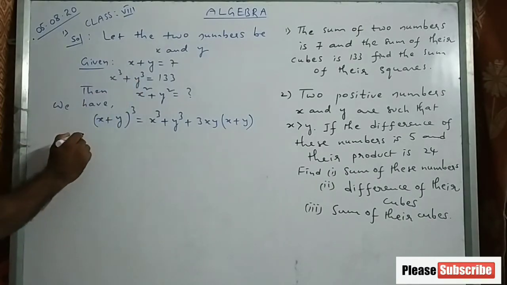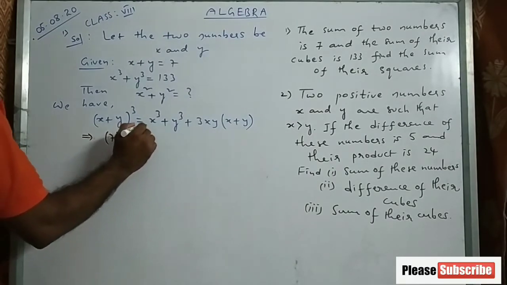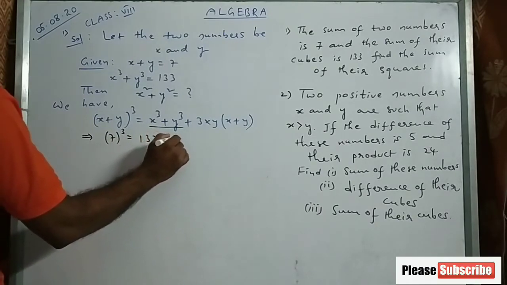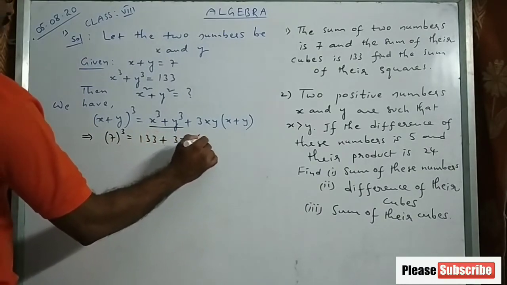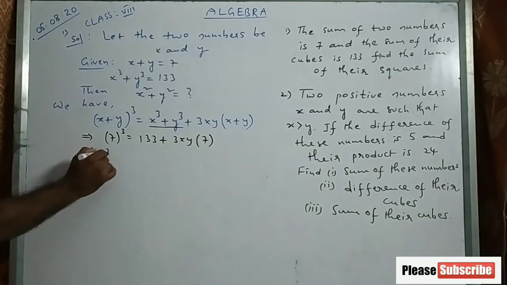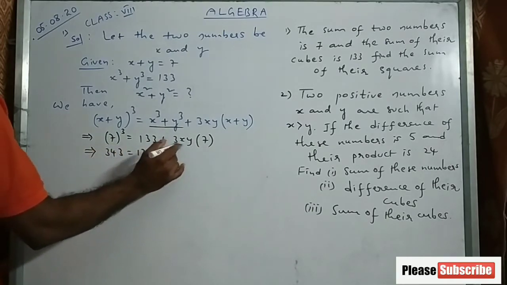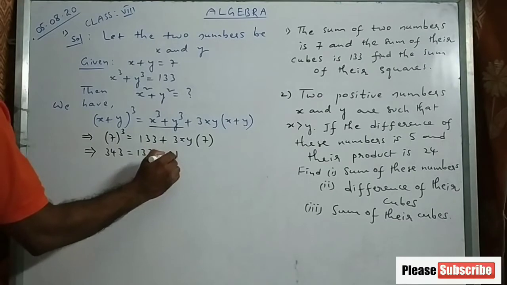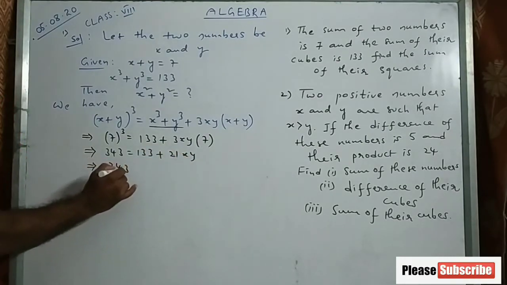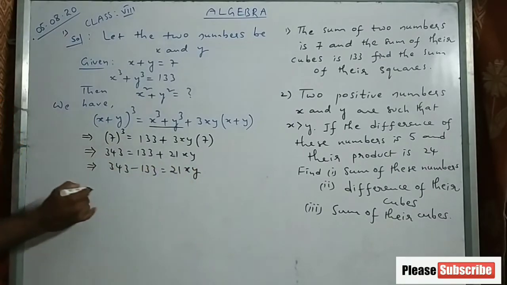Now put values in this formula. 7 cube equals x cube plus y cube, value 133, plus 3xy into x plus y, 7. 7 7s are 49, 343, right? 133. 3 7s are 21 xy. 343 minus 133 equals 21 xy.